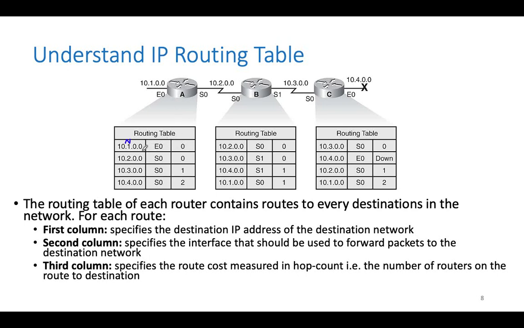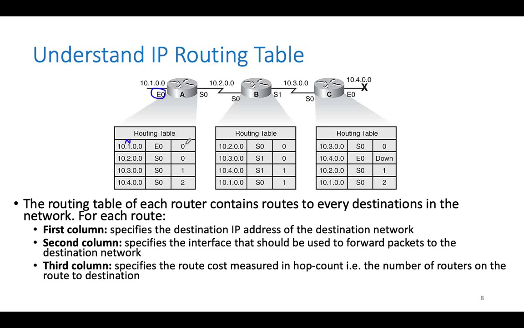For example, this is 10.1.0.0. What is the interface I take to go to that network? You take the interface E0. Okay, how many routers or hops between me as router A and that network? As you can see here, nothing, because actually it links to A directly.